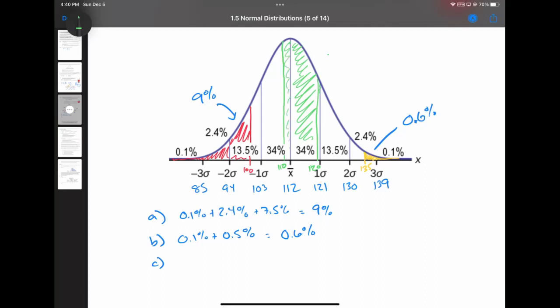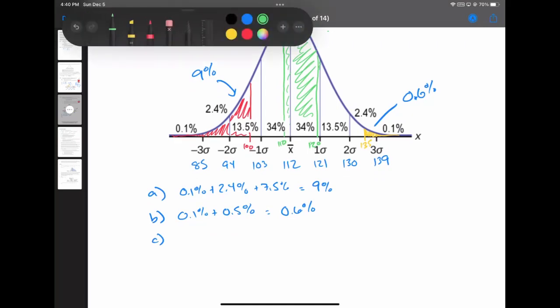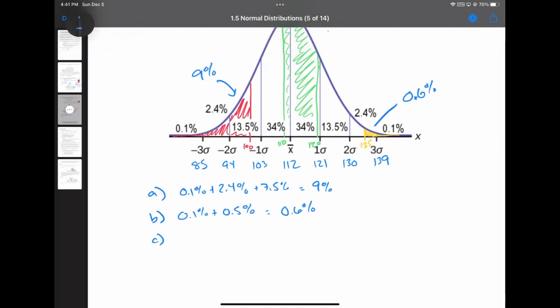Not only is it twice as wide, but it's also taller. So I'm going to guess it's a little higher than 34% when you put those together. I'm going to guess maybe 37%. But again, it's a bit of an approximation, and depending on how you look at it, you might get a slightly different number.